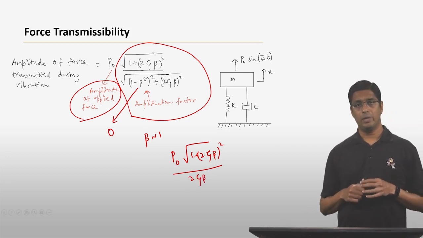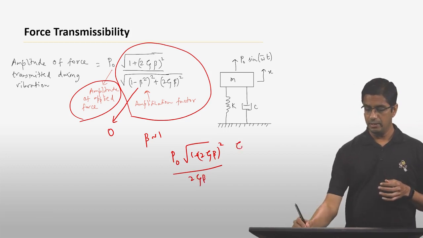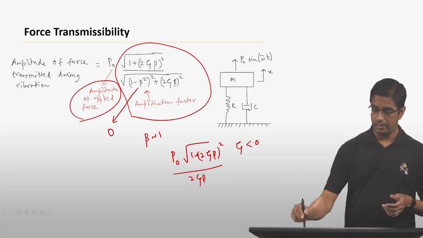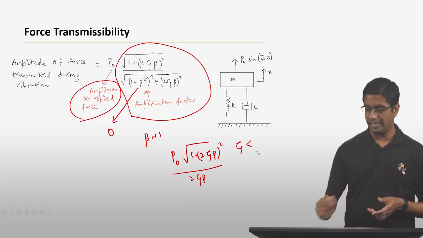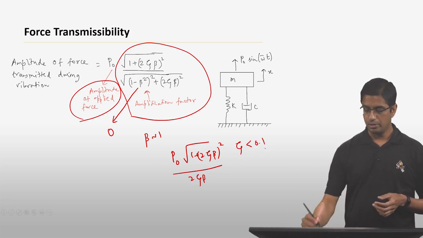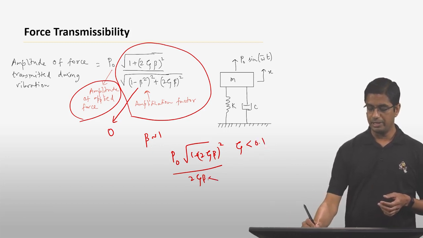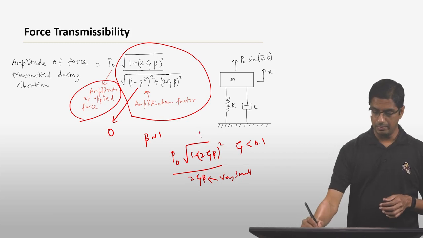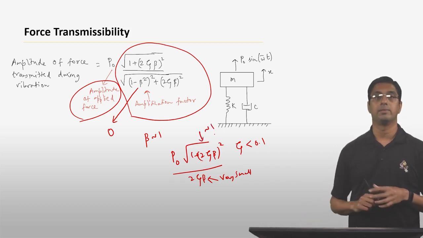What we know is that zeta is usually very much less than 1. It's often even less than 0.1. So this value is going to be very small, and the numerator term is approximately equal to 1.